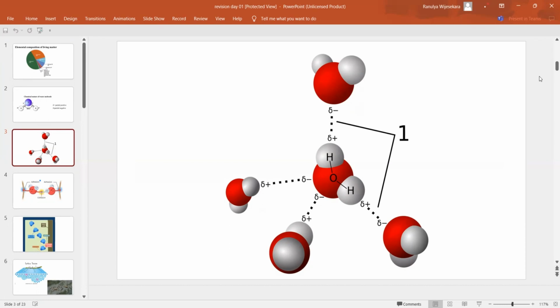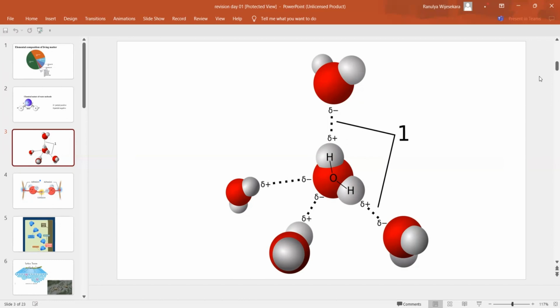Write the word hydrogen bonds, then put a small arrow and in front of that write down: weak attractions between slightly polar hydrogen atom of one water molecule and slightly polar oxygen atom of adjacent water molecule are known as hydrogen bonds.